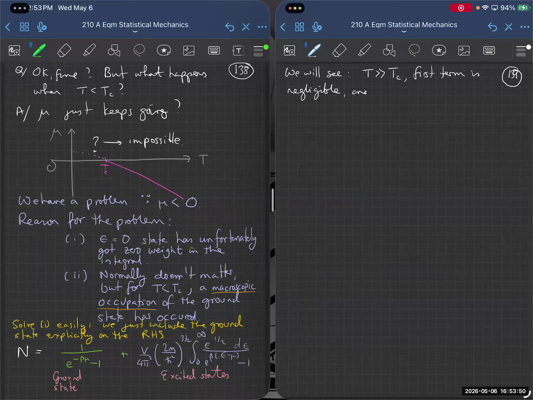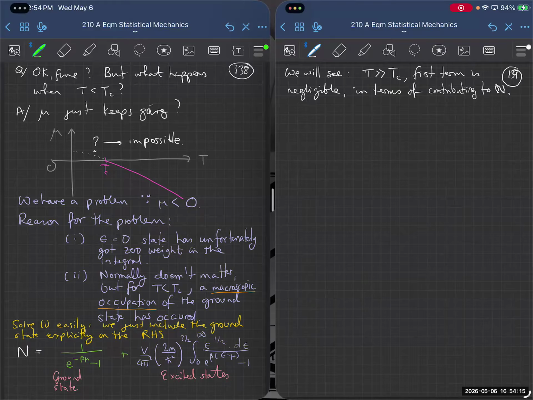Negligible with respect to what? It's negligible in terms of contributing to the total number of particles in the system, N.